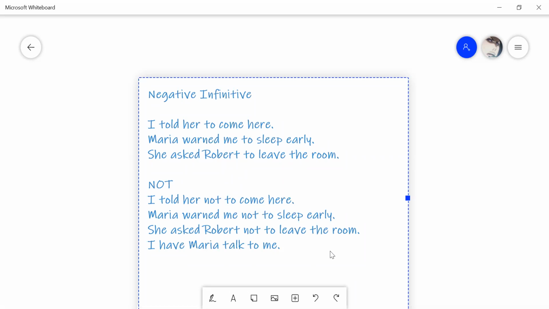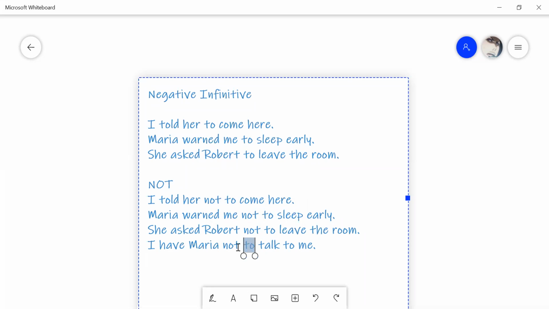If you want to put it in negative, there is a mosquito flying trying to bite me. What you do is put not and then to. Why? Because now we have the particle not, and we are obligated to put the particle to in front of it. I have Maria not to talk to me.